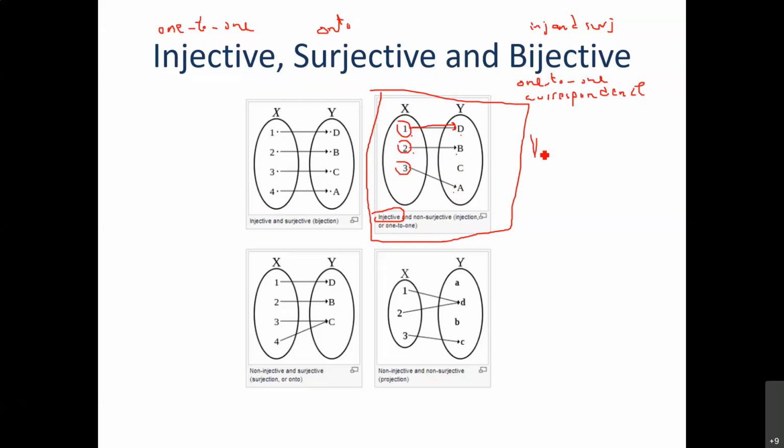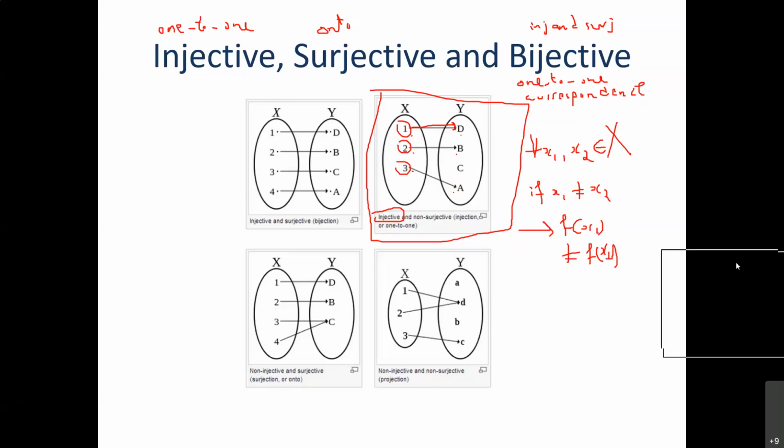So for every x1, x2 belonging to X, if x1 is different than x2, that means the mapping is also different. Okay? It's that simple. Each element in X has a distinct mapping in Y.